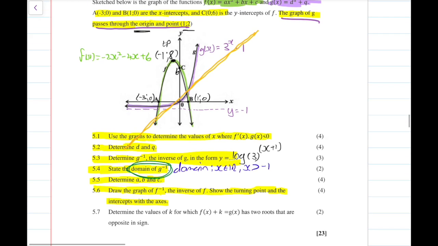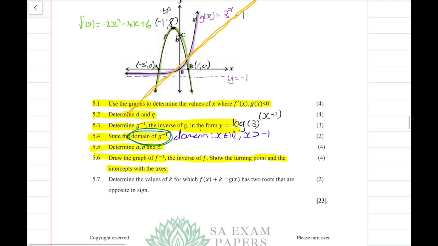The turning point that was minus 1 and 8 is now going to become 8 and minus 1. So it's going to be somewhere there, and it's going to be 8 and minus 1, because remember, for your inverse, your x and y swap.